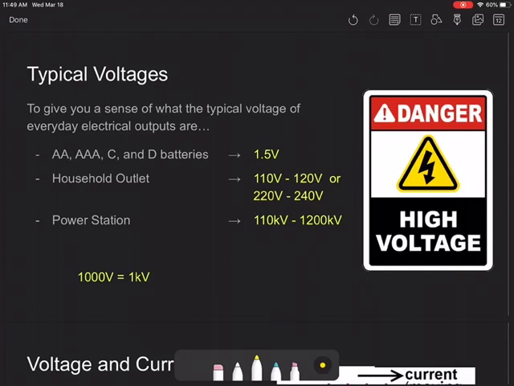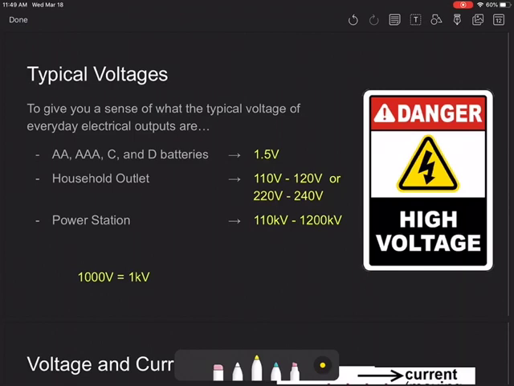If you think of a voltage as being a push of electrons, the harder the push, the faster those electrons are going to travel. And if you have a faster current, because of your electrons moving at a faster rate, that going through potentially your body could cause you some serious harm. So it's not necessarily the voltage that's the danger, but the voltage is what causes the current to increase, and an increased current could cause you some serious damage.